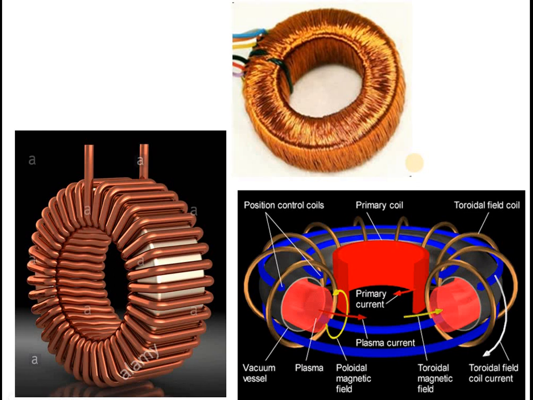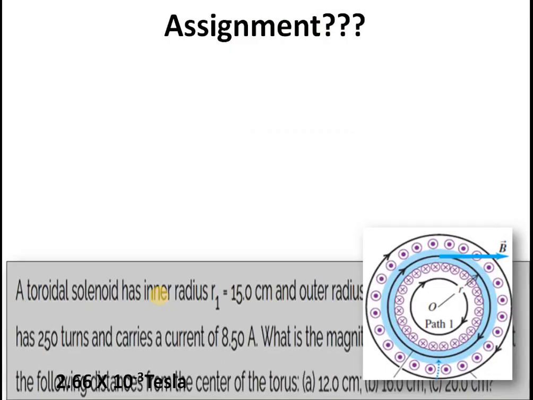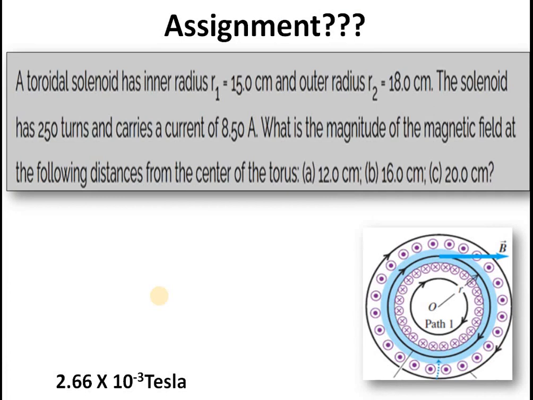So very interesting. A toroid is a very interesting structure to create a constant magnetic field using steady current. Here is a very interesting assignment linked with the toroid. A toroidal solenoid has inner radius R1, which is 15 centimeter, and outer radius R2, that is 18 centimeter.